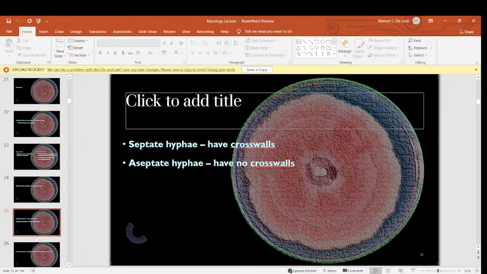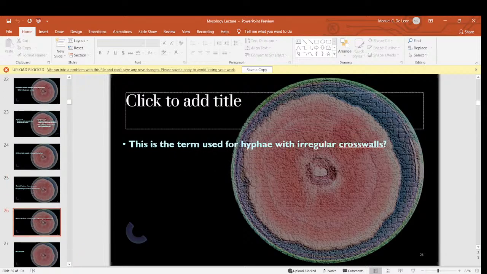Anemia: a and emia, so no blood or absence of blood. Achromatic: absence of color. So in this case, aseptate is the absence of hyphal cross walls.